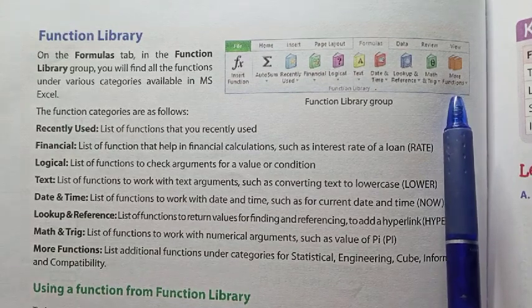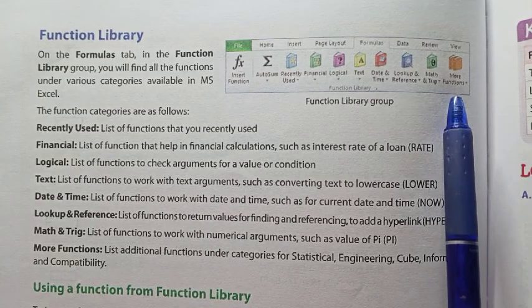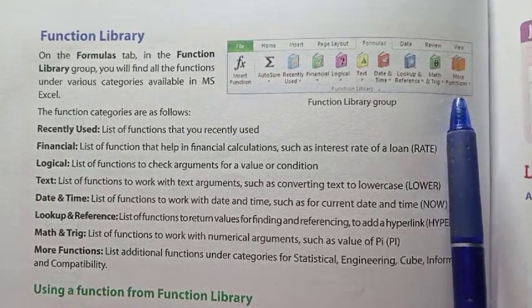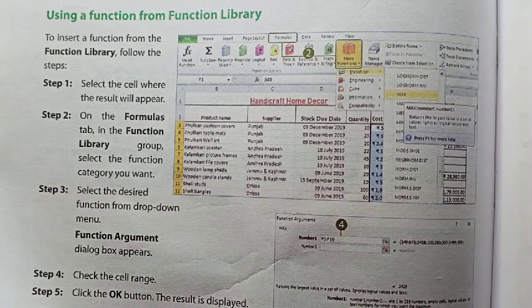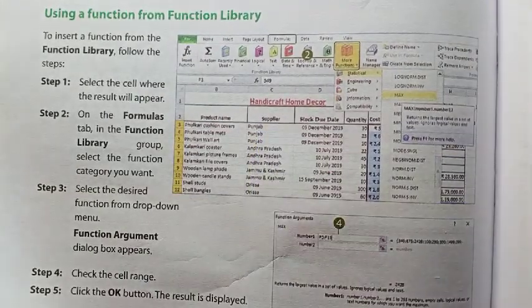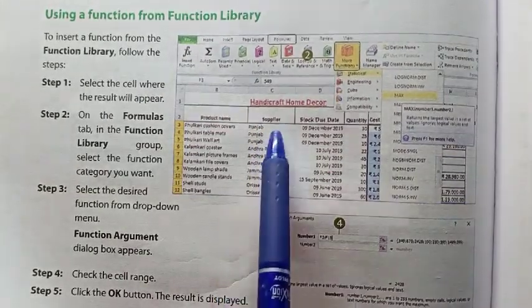Now the next topic is how we are going to use this function library. To use the function library, we first have to select the cell where we need the function to be inserted. Suppose if I need the function to appear over here, I will select this cell.